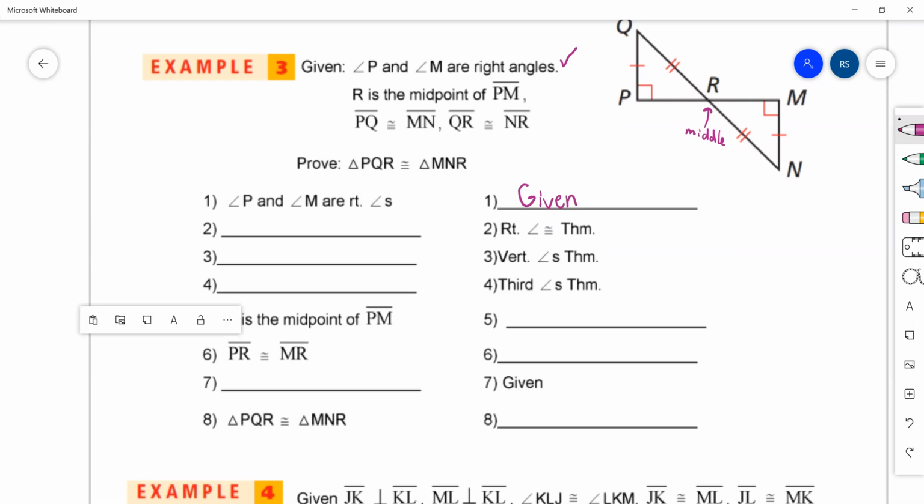So we can say that angle P is congruent to angle M. And that's by the right angles theorem. We didn't really learn it, but just again, RT stands for right, just so that I didn't confuse you. Essentially, the right angles theorem says all right angles are 90, and therefore they're all equal. All right angles are equal. That's basically what that says.